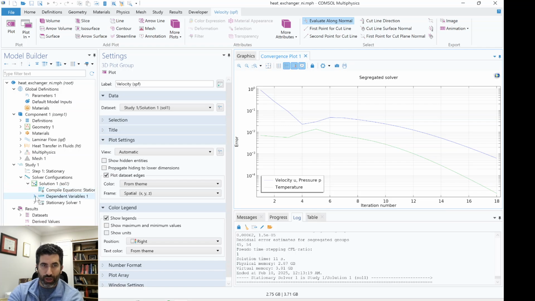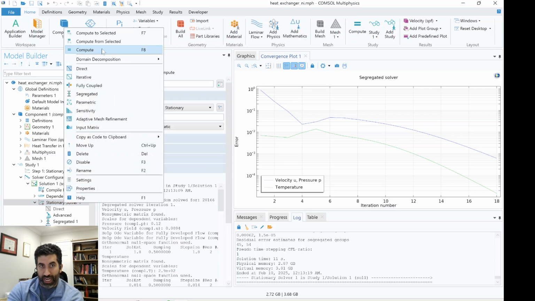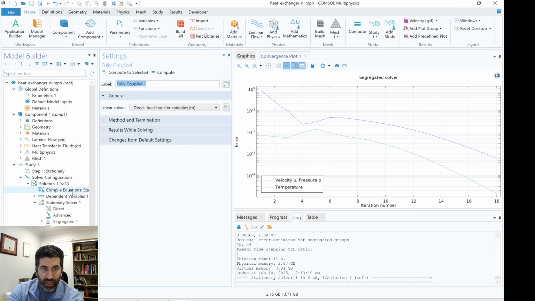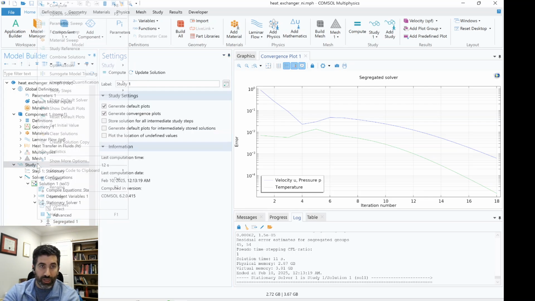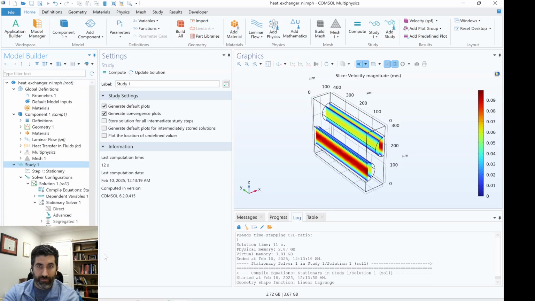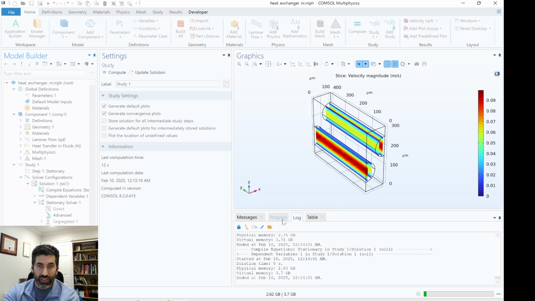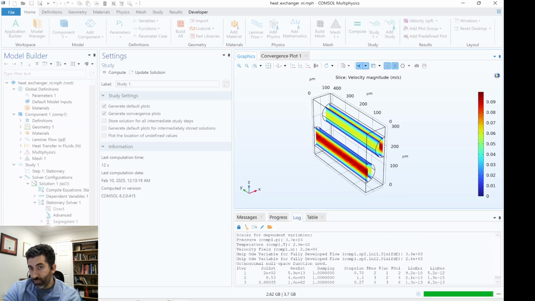Okay. The alternative to this is something called fully coupled, which, as the name suggests, if you go here and you hit fully coupled, we are fully coupling the physics. By selecting this and enabling it, it naturally deselects the segregated one because you can only have one. And now, when you go and you solve, it's going to solve it all together as one.